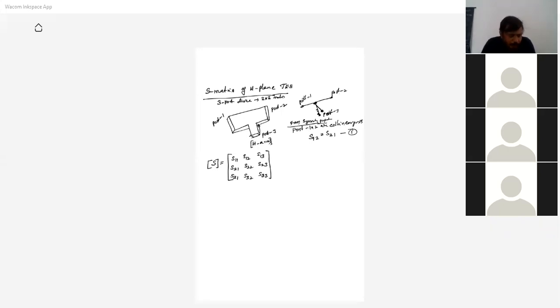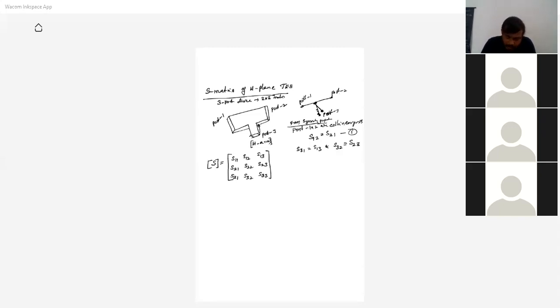So from the symmetry property, S31 is equal to S13, and S32 is equal to S23. That is also symmetry. That means the reverse is possible.